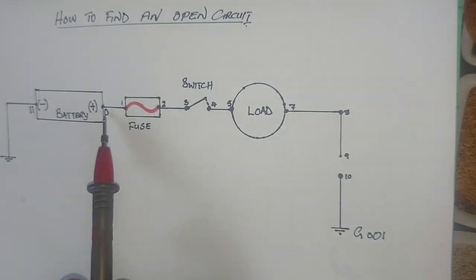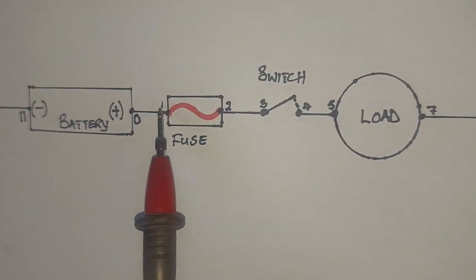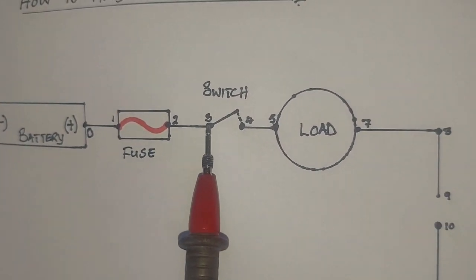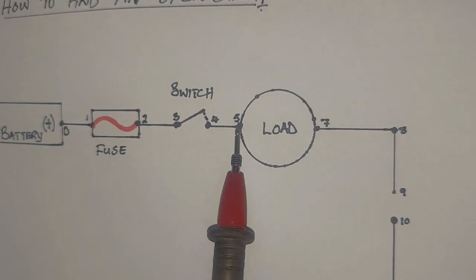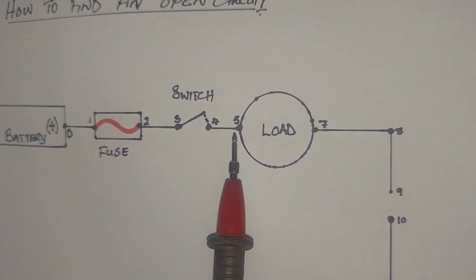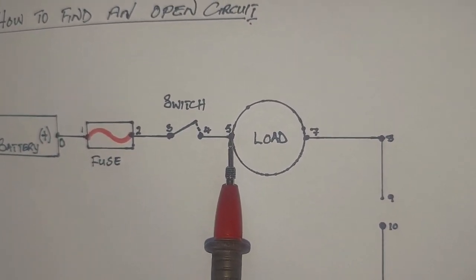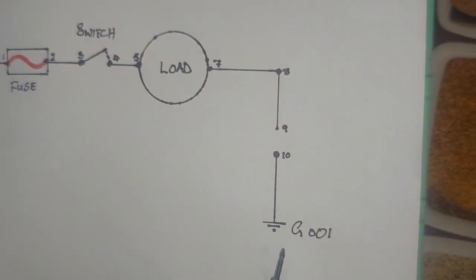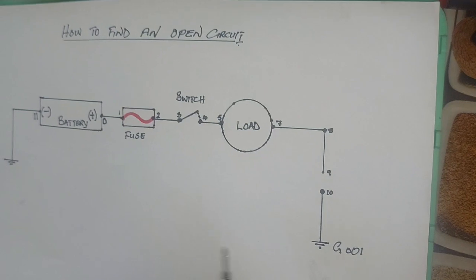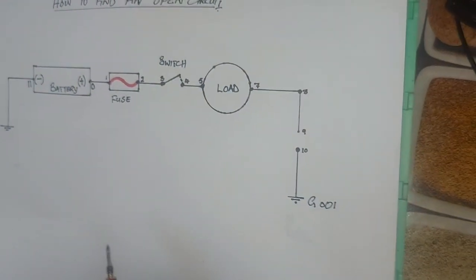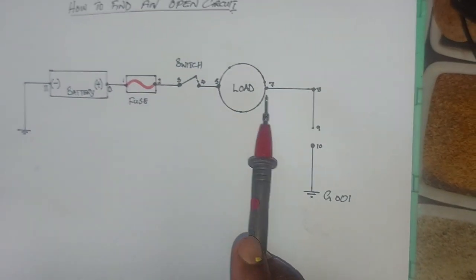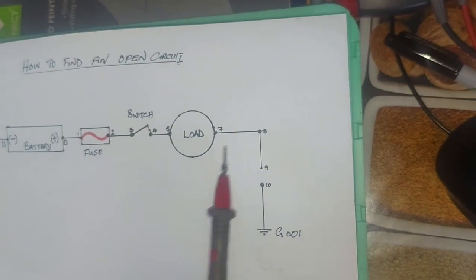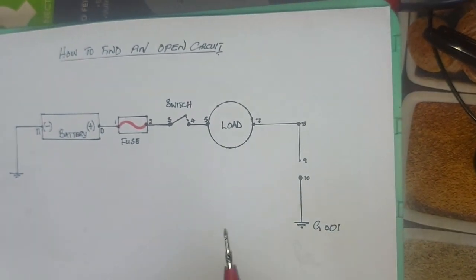Your power starts here at point 0, 1, 2, 3, 4, and stops here at 5. That's your power point. It should end here. From point 7, 8, 9, 10, coming to 11 here, we are dealing with ground, because this is the load. The load is the one that separates the two.